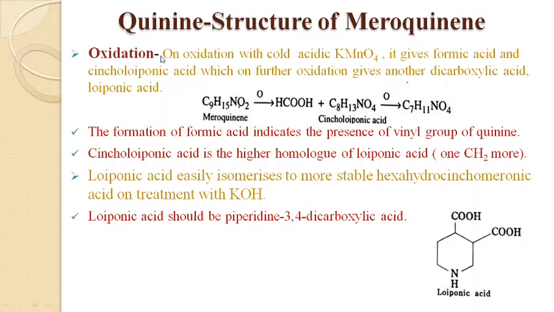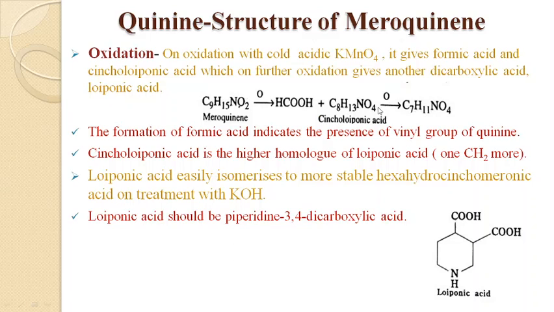Next we come to the oxidation, which gives useful information about the structure of meroquinine. Meroquinine on oxidation with cold acidic KMnO4 forms formic acid and cincholoiponic acid, which on further oxidation gives another dicarboxylic acid, loiponic acid, with the formula C7H11NO4.